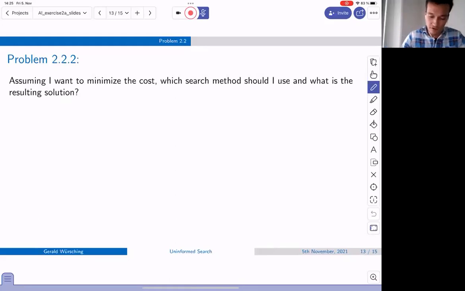Very good. That's also the right solution. So you're going to use uniform cost search. Why? Because it's the only algorithm that we've learned for uninformed search that considers cost. So it's the only optimal algorithm.